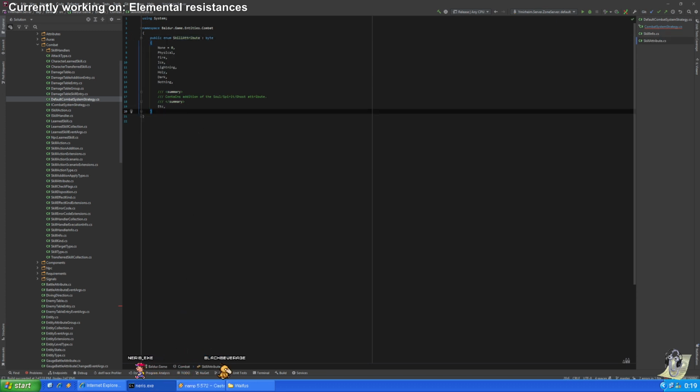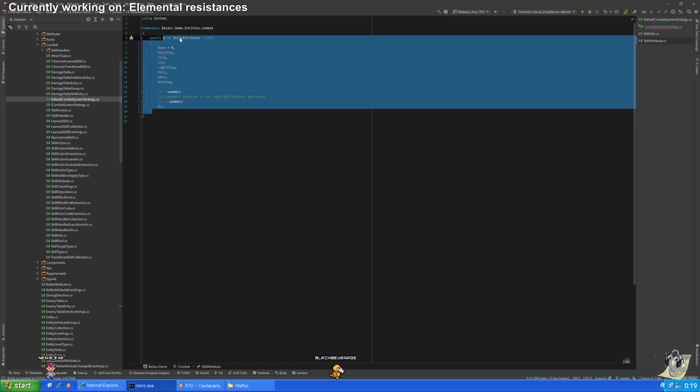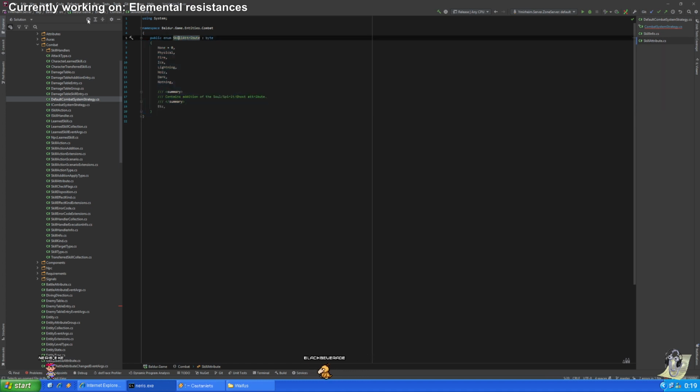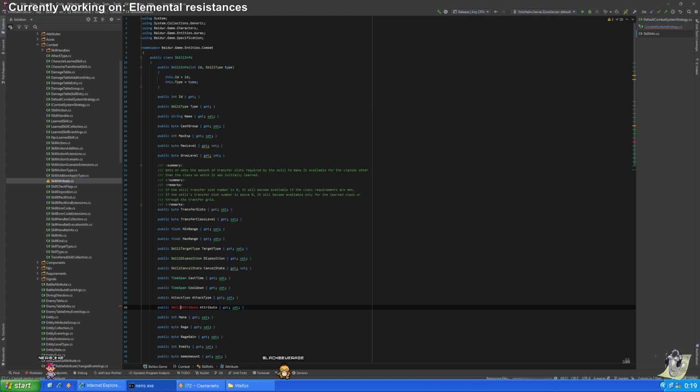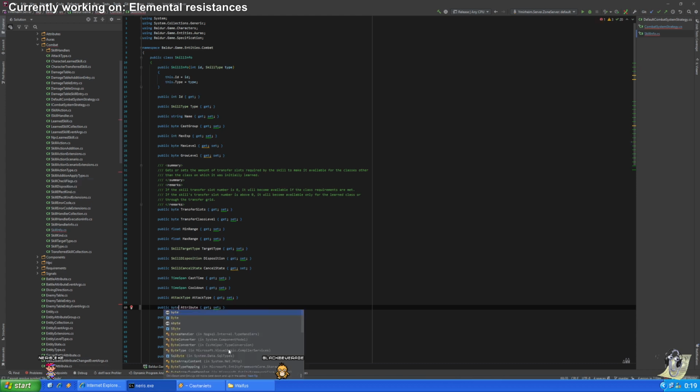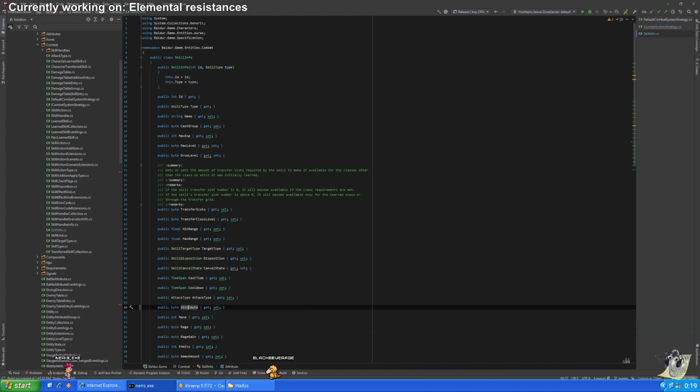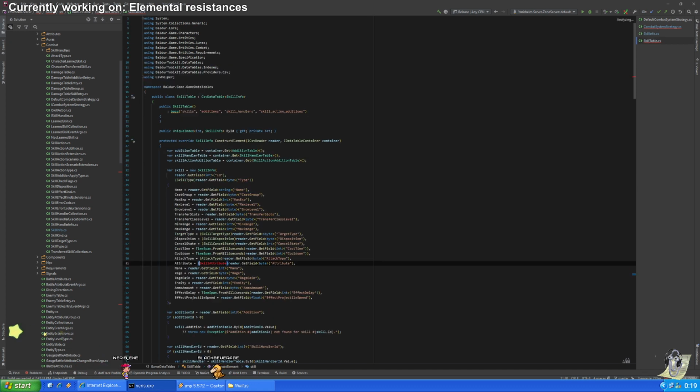Yeah, I need to change this crap. I need to completely delete this enum. Delete. Then this is gonna be just a byte field. And then I need to fix this.